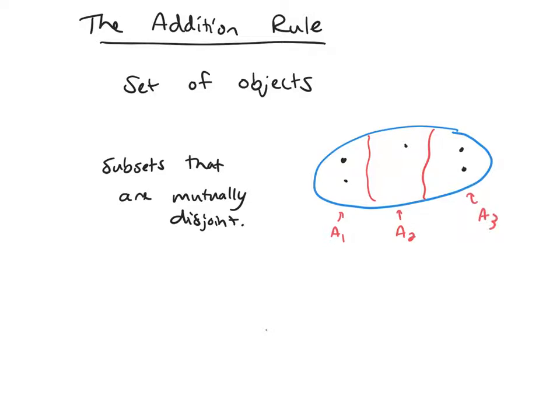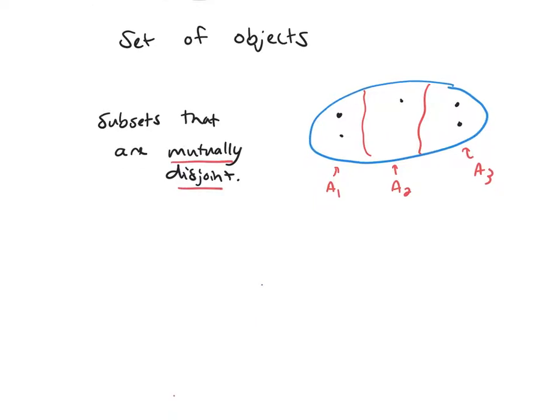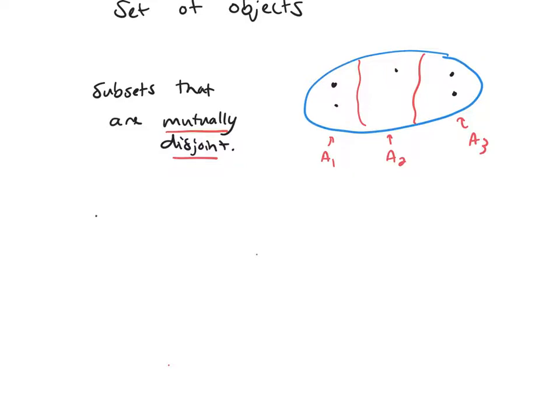And so the addition rule tells us that if I want to know the total number of elements in this set, I just add up the number of elements in each subset. And we can do that because these sets are mutually disjoint. They don't have anything in common. So let's go ahead and state the addition rule.